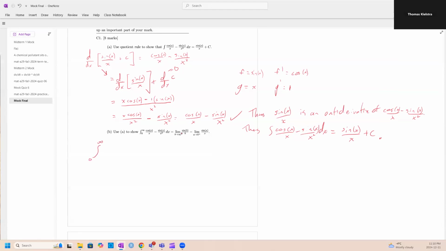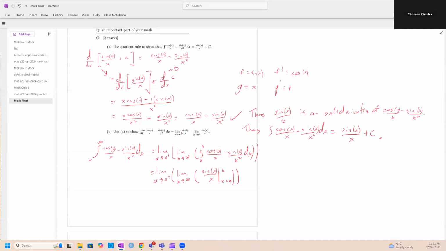The integral from 0 to infinity of cos x over x minus sine x over x squared dx does equal the limit as a approaches 0 from the positive of the limit as b approaches infinity of the integral from a to b of cos x over x minus sine x over x squared dx, which equals the limit as a approaches 0 from the positive of the limit as b approaches infinity of sine x over x evaluated from x equals a to b, which we just showed in the previous example is the indefinite integral.